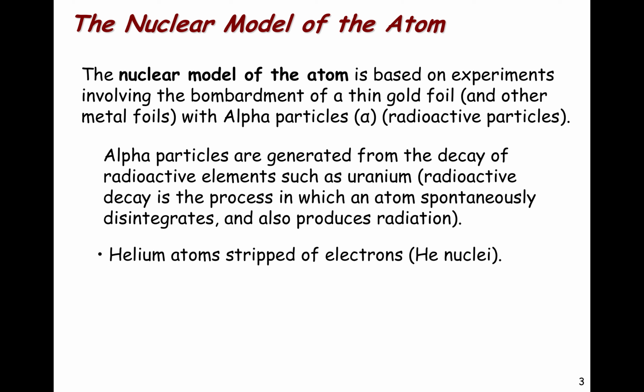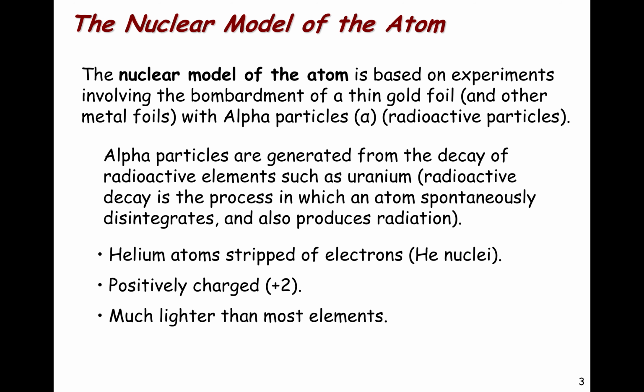It turns out that these alpha particles are essentially helium atoms that have had the electrons removed from them, so in essence alpha particles are the nuclei of helium atoms. We know that these alpha particles have a 2+ charge, and that they had mass which was considerably less than most of the elements.